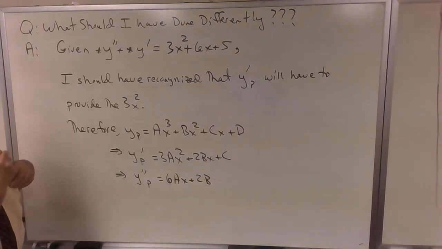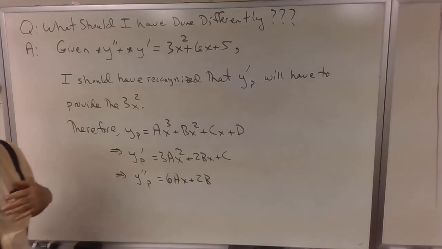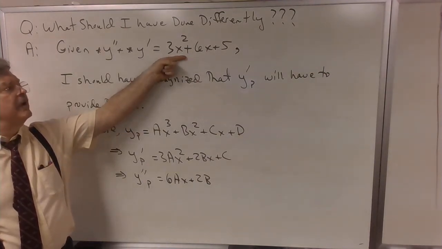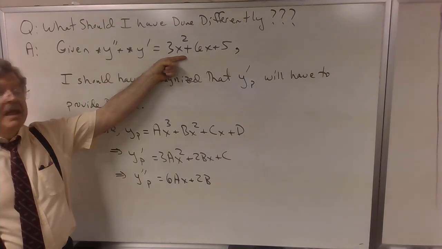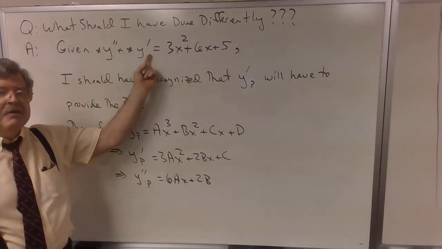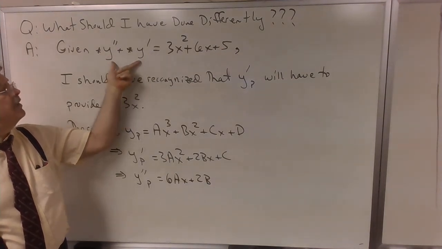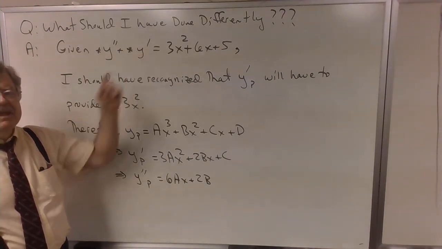So when we're doing method of undetermined coefficients with a polynomial on the right side, and we don't have a y term here, the term of lowest order on the left is y prime.